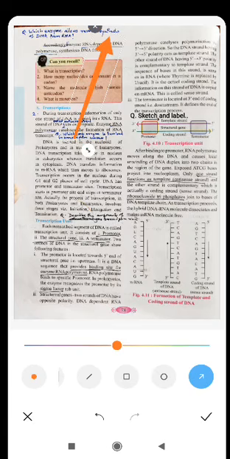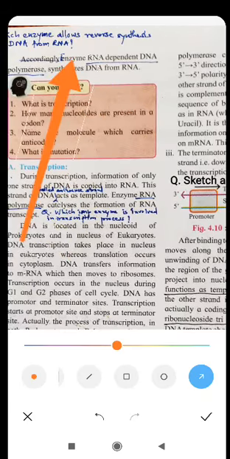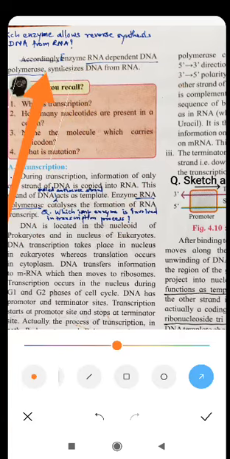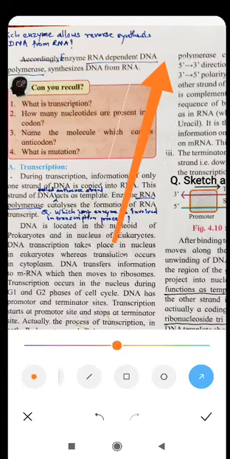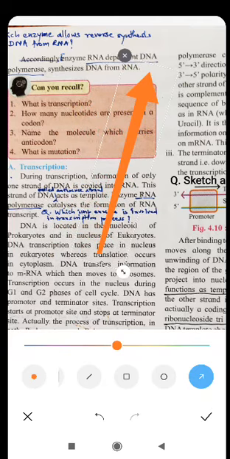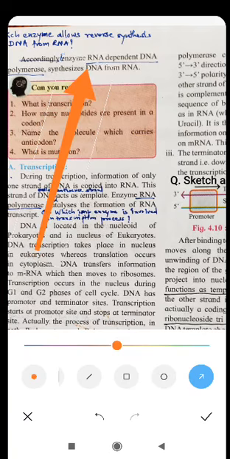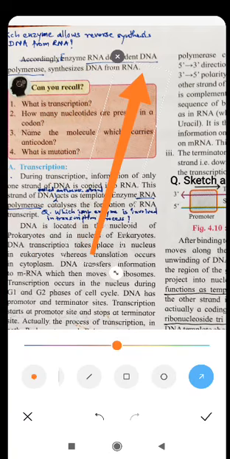RNA made by DNA is called transcription, but here DNA is made by RNA, and that is called reverse transcription. If there is a question for 1 mark, you have to mention the name of the enzyme. The name of the enzyme is RNA dependent DNA polymerase. DNA is produced by DNA polymerase. RNA dependent DNA polymerase produces DNA from RNA.